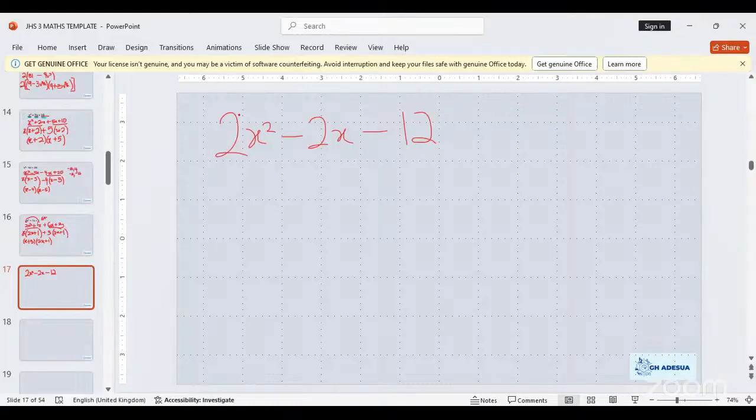You don't have 12. What do you have? That's negative 12, not 12. Negative 12. Okay. Yes, please, we get negative 24. So that will be the guide, right?